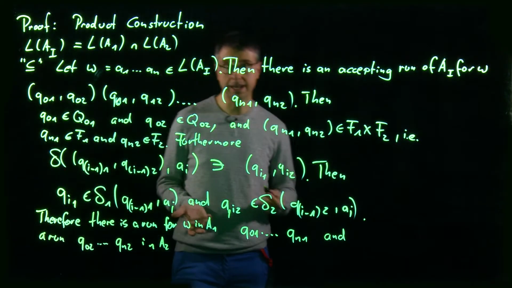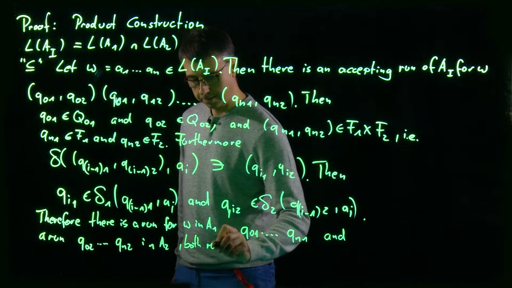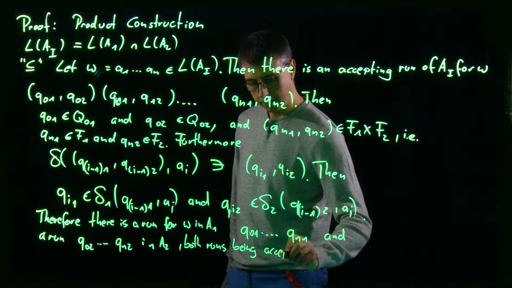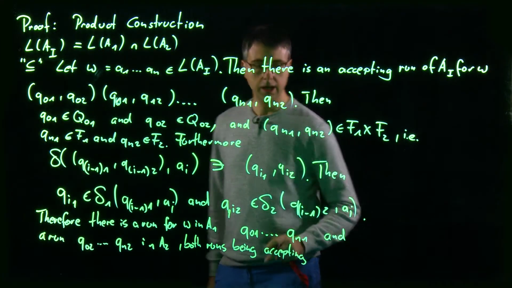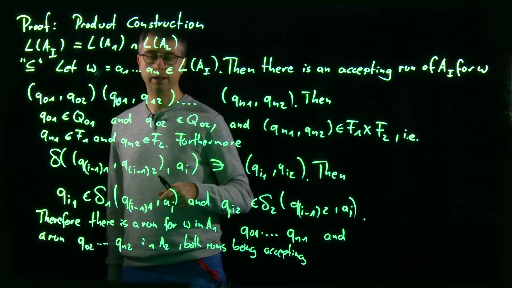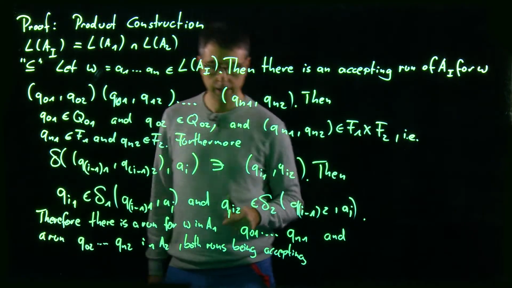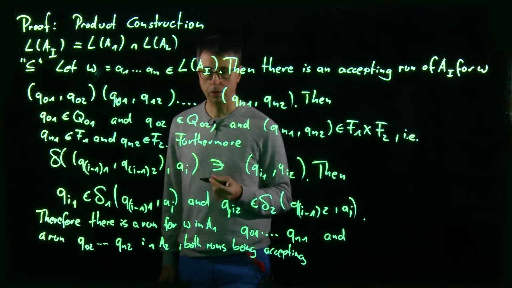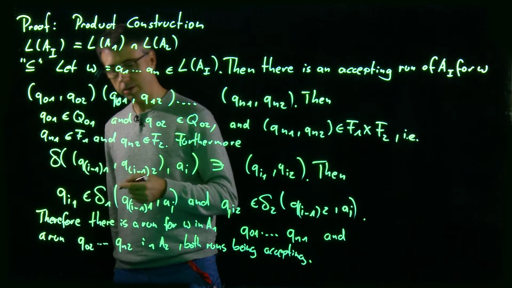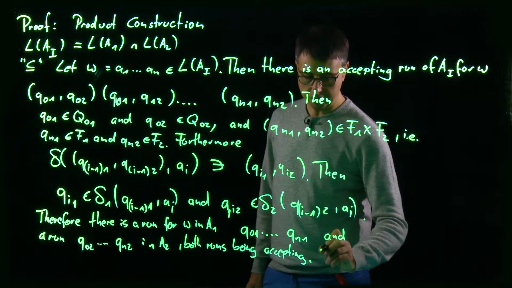And both runs are accepting, because we have derived that the first run ends in an accepting state and the second one as well. So using these two facts, we can conclude that both runs are accepting. As both runs are accepting, the first automaton is accepting and the second automaton is accepting, so the word is in the intersection of both languages.